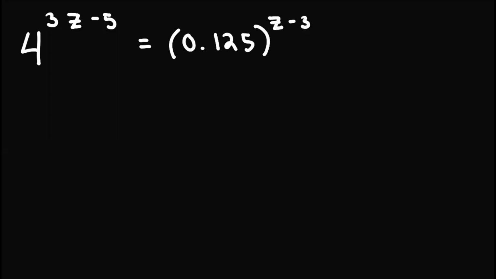Now, this might seem terrifying at first since we have a decimal out here. But note that we can always express a decimal in its fraction form. Indeed, 0.125 is actually equal to 1 over 8 in fractions. So how did we obtain that?